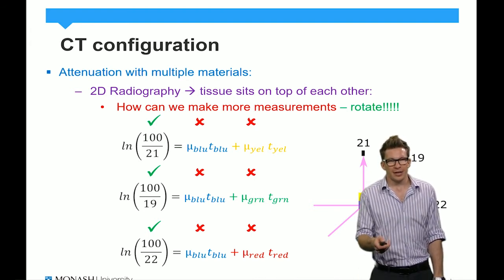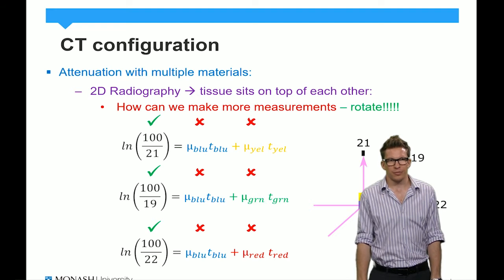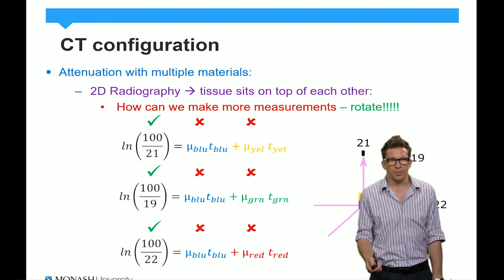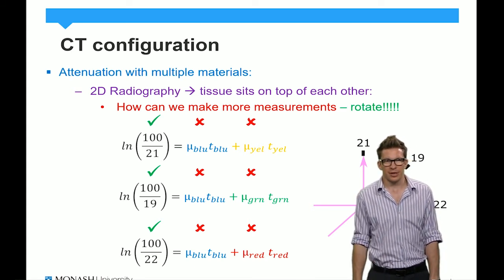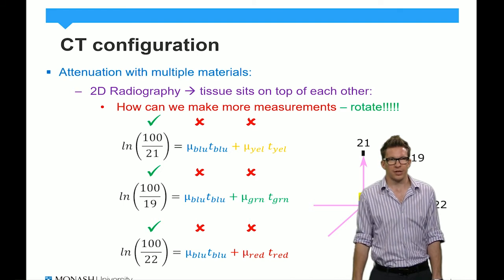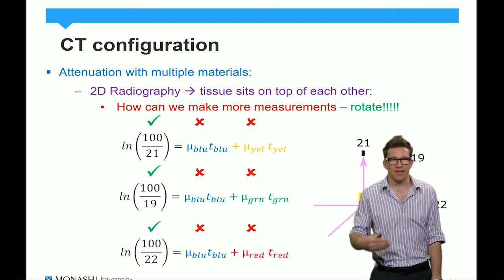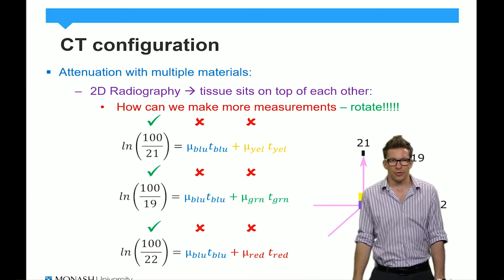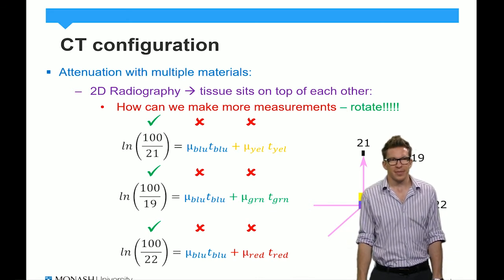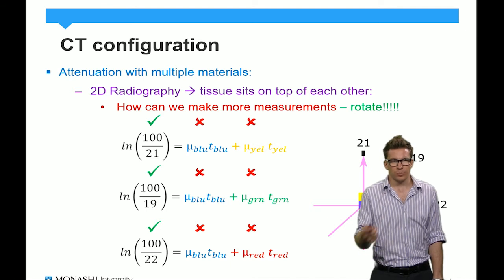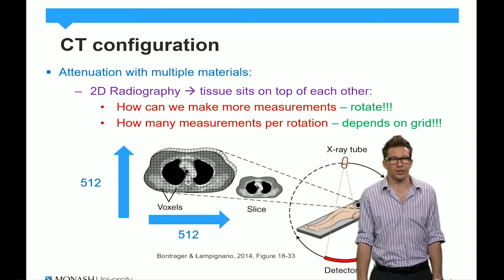Now, I only had enough room to fit three forms of the equation on the slide here. Now we have four unknowns, the blue, the yellow, the green and the red, so we actually need to make a fourth measurement in order to be able to start to solve these equations and therefore regain our volumetric data. And that's what we will discuss later in terms of reconstruction.